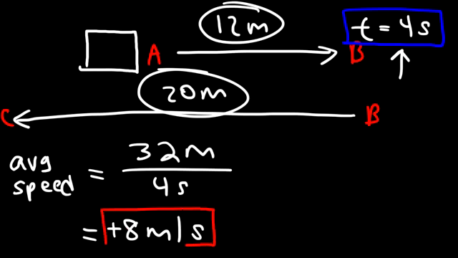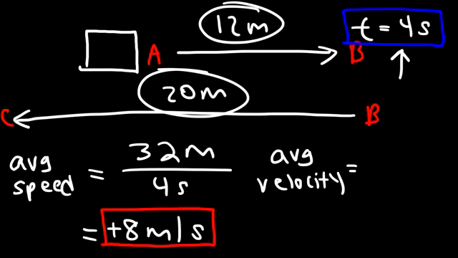Now what about the average velocity? Well, we know that average velocity is defined as displacement divided by the total time. The displacement for the first part of the trip going from A to B is positive 12 because the object is traveling in a positive x direction.